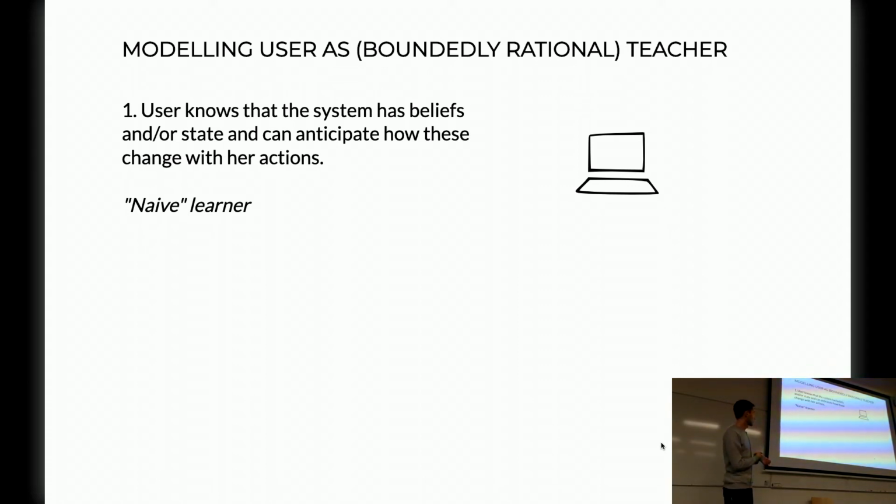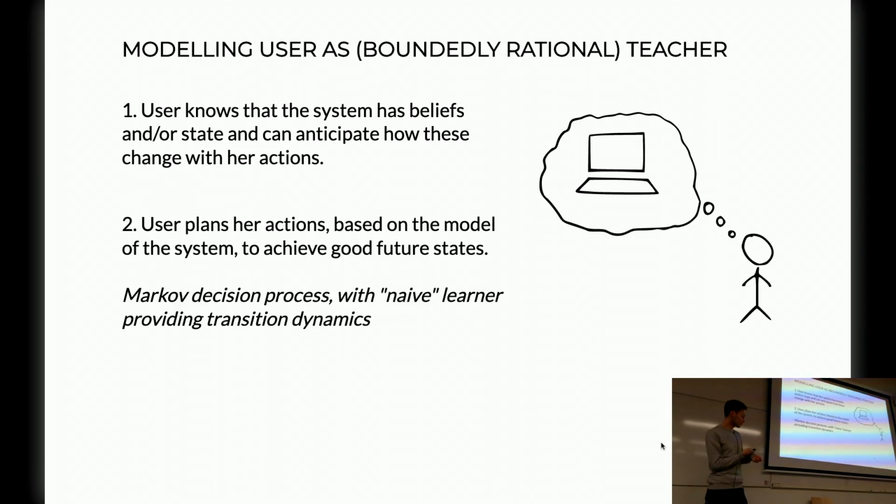The model of the system that the user has is of the naive learner, like the baseline logistic regression model or baseline bandit model. And now the user can use the MDP to plan her actions based on the model of the system and tries to achieve good states in the future. This was the Markov decision process where the naive learner provides the transition dynamics.